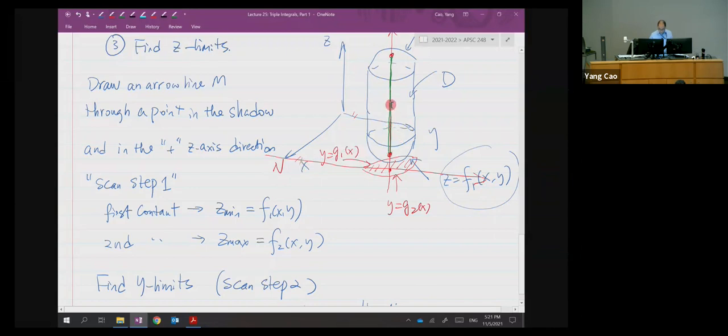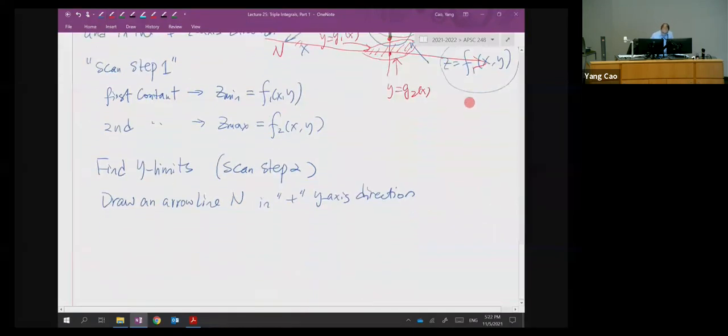Remember you're trying to scan through, so the line segment you generated from the first scan step is essentially moving from one end to another, scanning in the Y-axis direction. While doing this, you're generating a cross section, based on this scan step number 2.